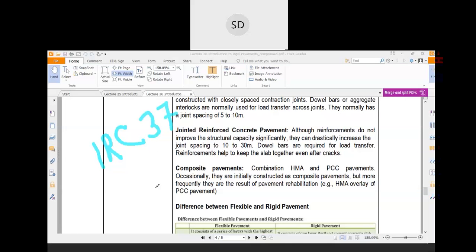Okay, IRC 37 maybe 2012. Okay, you just check it.